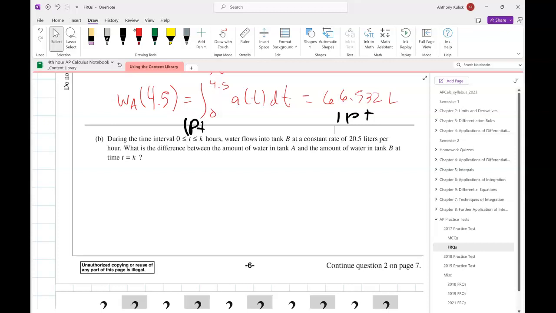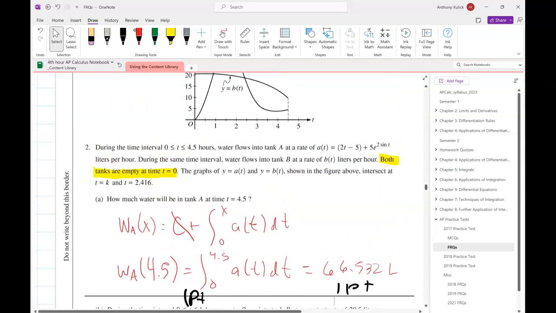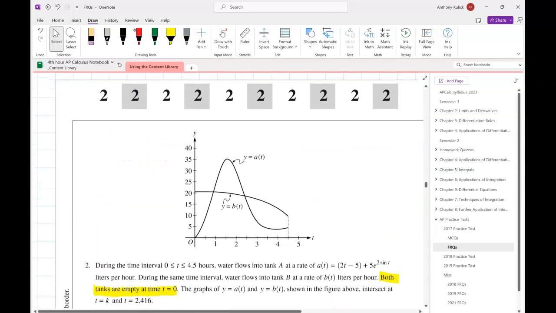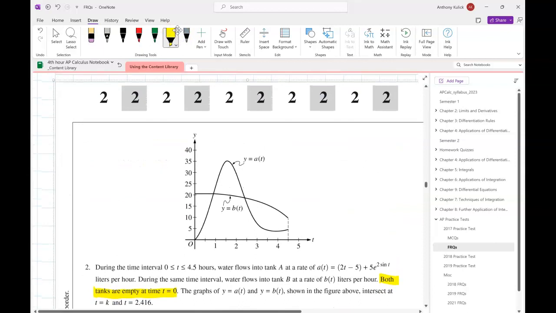So, if I look at my problem, this is k right here, right? The difference in the water between the two tanks is that area, correct?